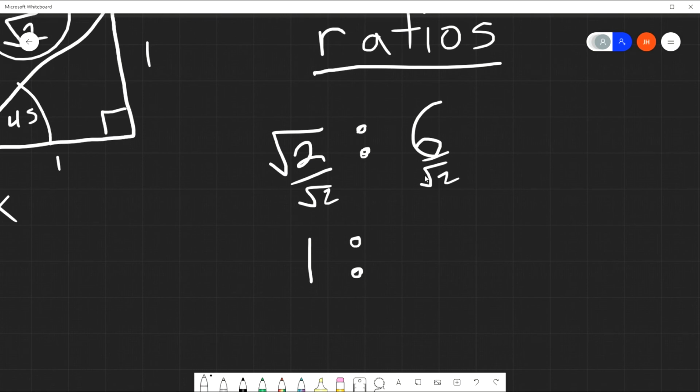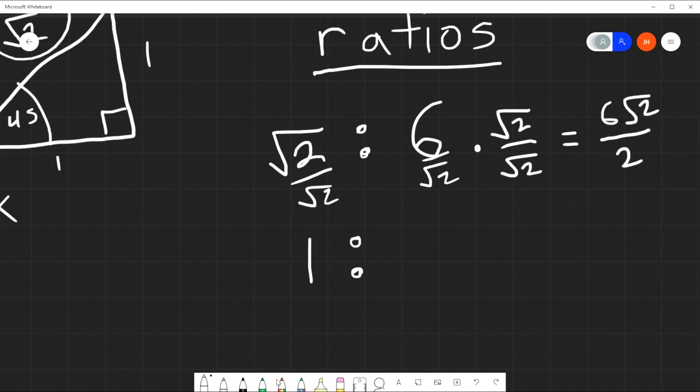Basically, they don't like to have square roots in the bottom of fractions. It's just kind of unkosher. So to get rid of this square root in the bottom, we're going to just multiply the top and bottom of this fraction by square root 2. Because what's going to happen is on the bottom, square root 2 times square root 2 is just 2. And on top, the square root will appear.